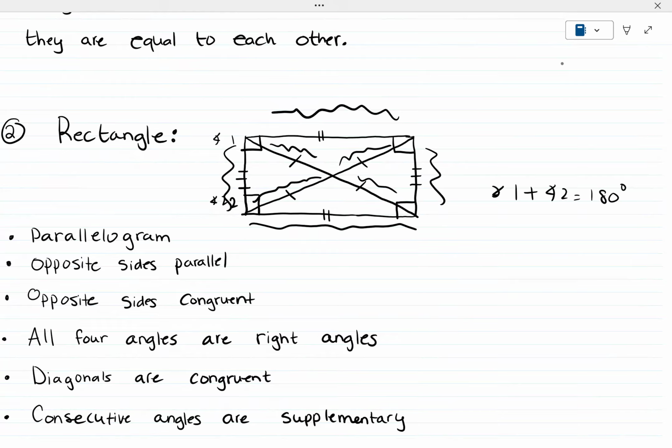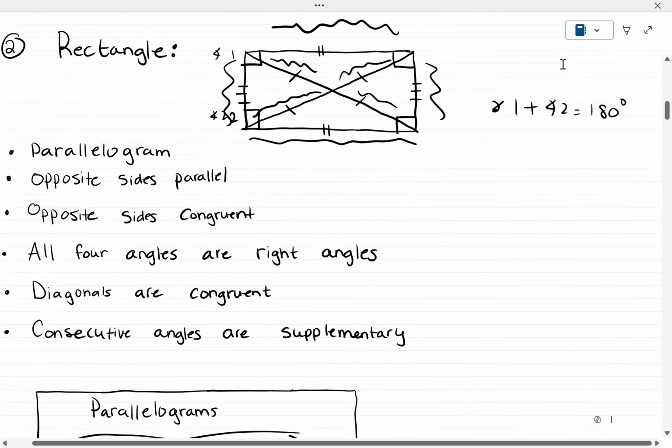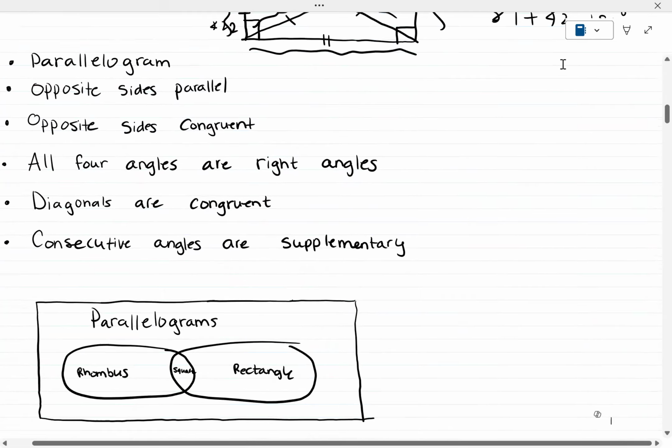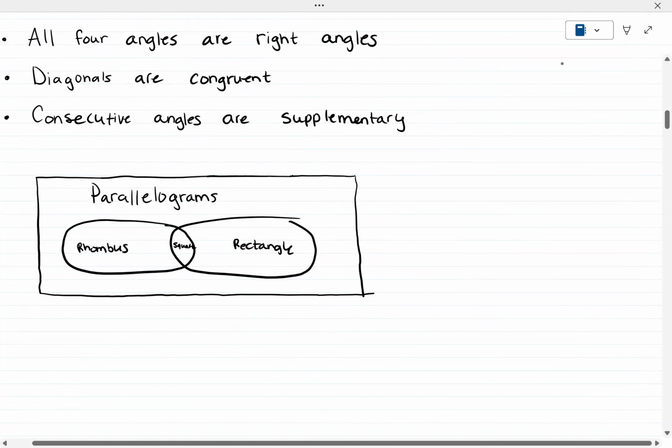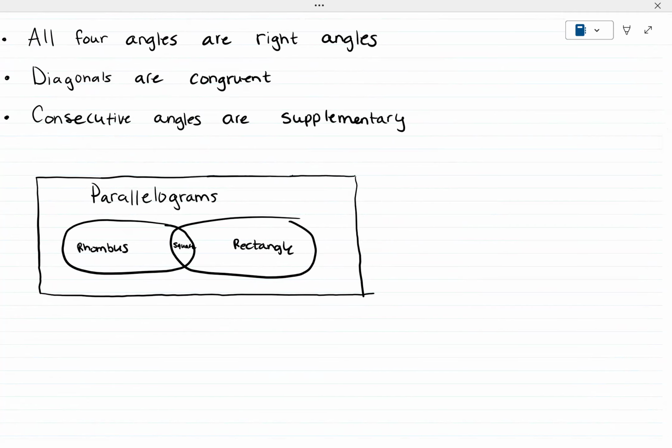So consecutive angles are definitely supplementary. If you look at the bigger picture, these are all parallelograms. You have a rhombus and a rectangle. A square is a mixture of a rhombus and a rectangle, and it's still technically a parallelogram.